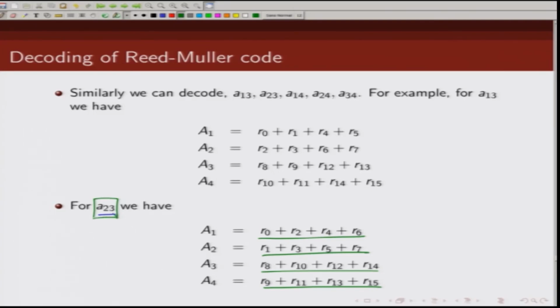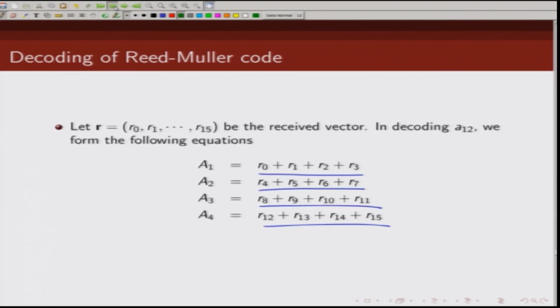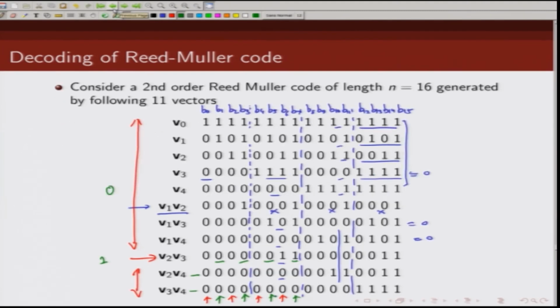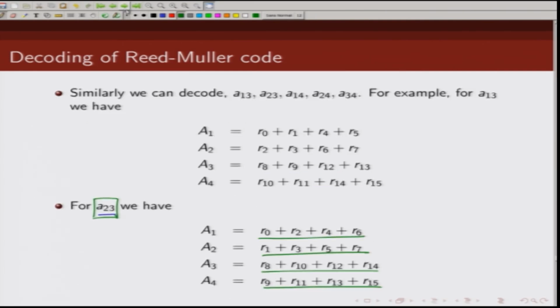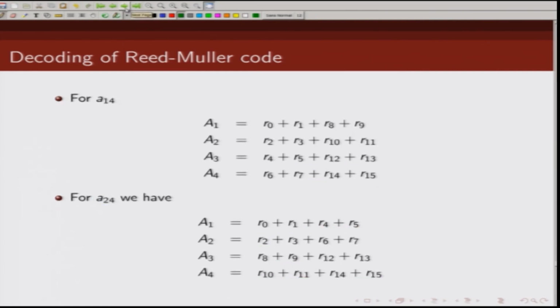Again, the point to be noted here is that you look at this and find out combinations of these received bits which will give information about one particular transmitted bit and not others. And once you do that, you can similarly do it for other bits. I have just listed them here.